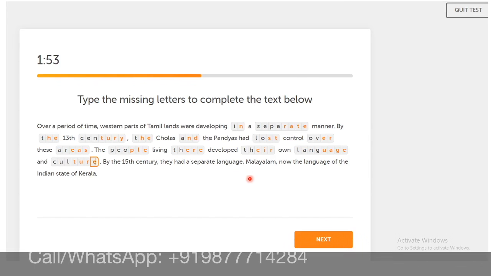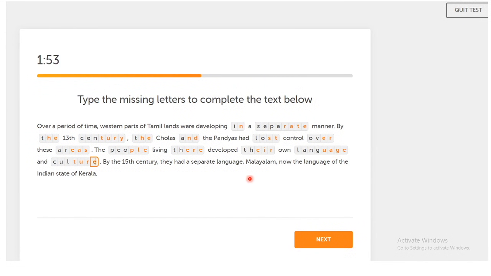Alright, so I'm going to read the paragraph. Over a period of time, western parts of Tamil lands were developing in a separate manner. By the 13th century, the Cholas and the Pandyas had lost control over these areas.